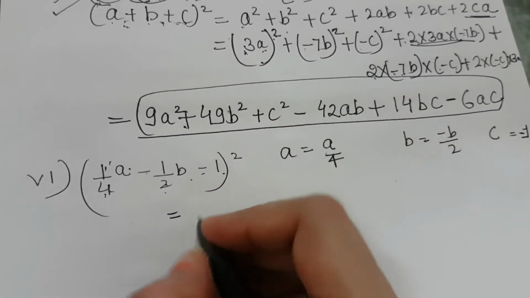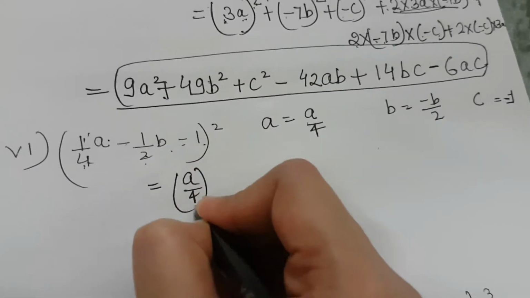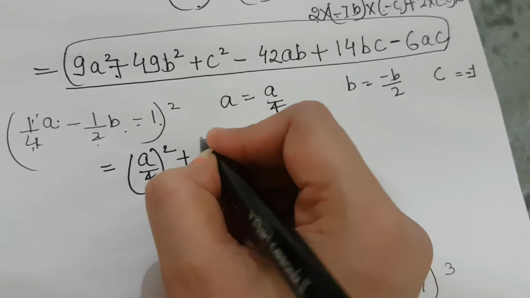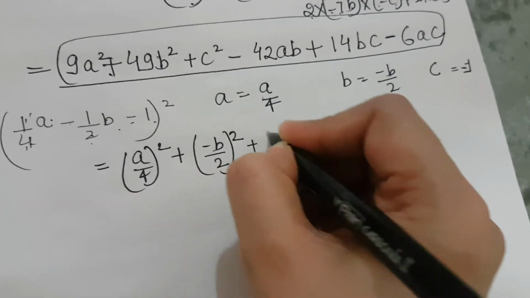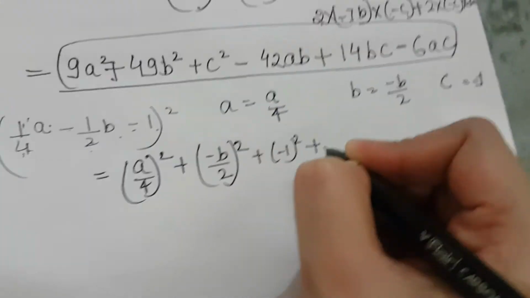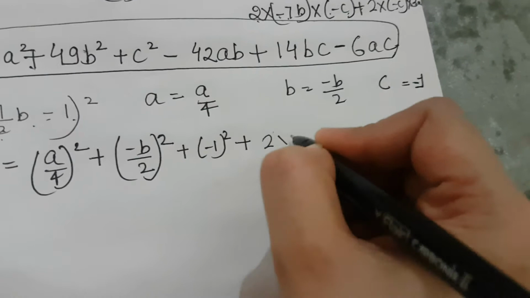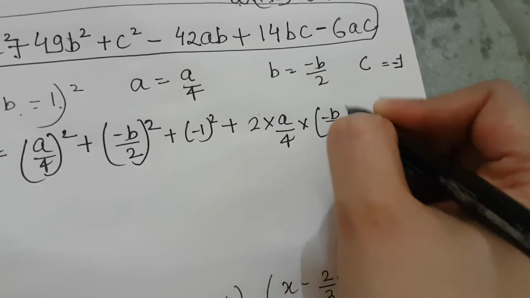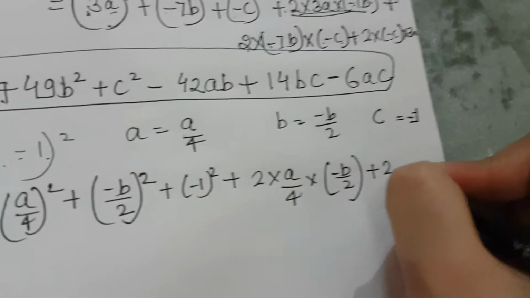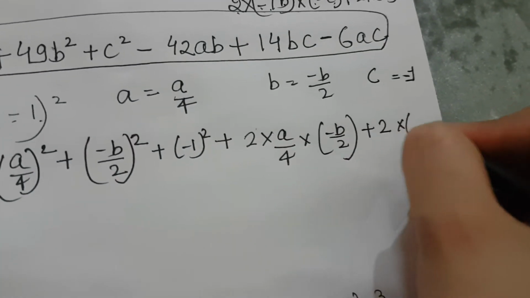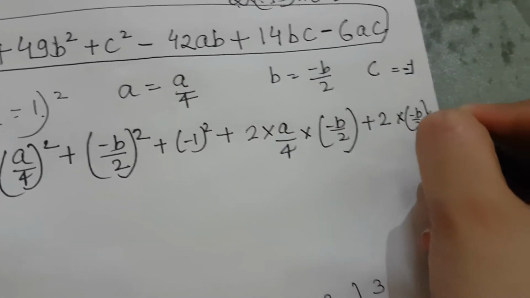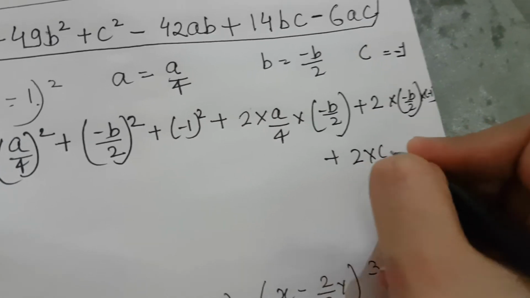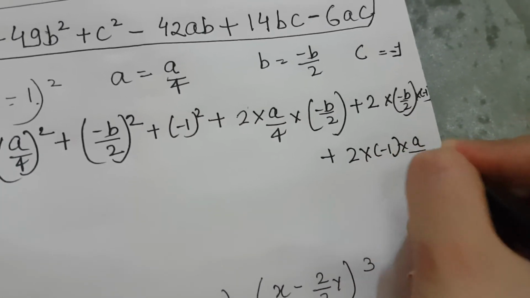a square means (a upon 4) whole square, plus b square means (minus b upon 2) whole square, plus c square means (minus 1) square. Then after that plus 2 into a into b, plus 2bc means 2 into b into c, plus 2ca, 2 into c into a.